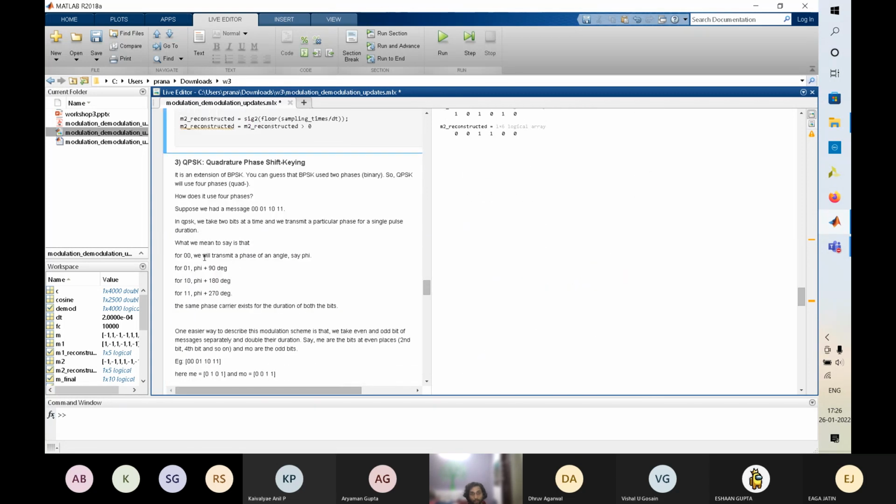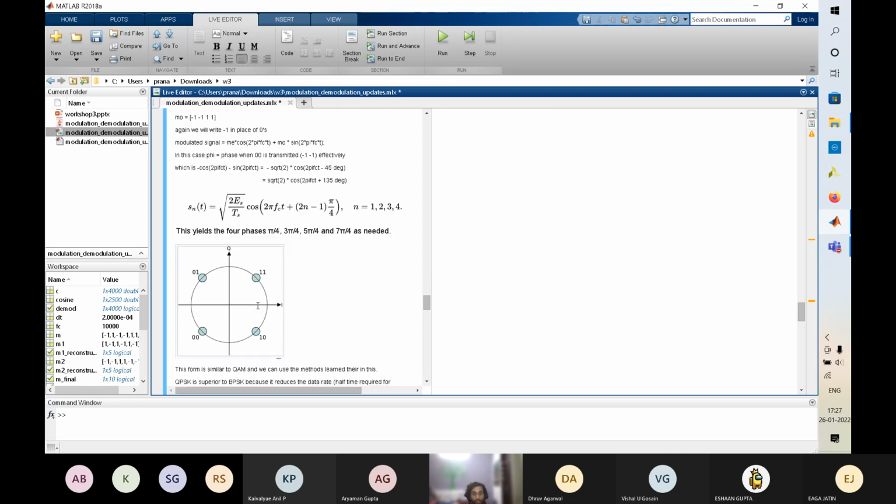In QPSK, for 0,0, let us say the signal is cos(2πfct + 0 + φ). Then the modulated signal that we are transmitting for 0,1 will be cos(2πfct + φ + 90). For 1,0 it would be cos(2πfct + φ + 180), and for 1,1 it would be cos(2πfct + φ + 270).